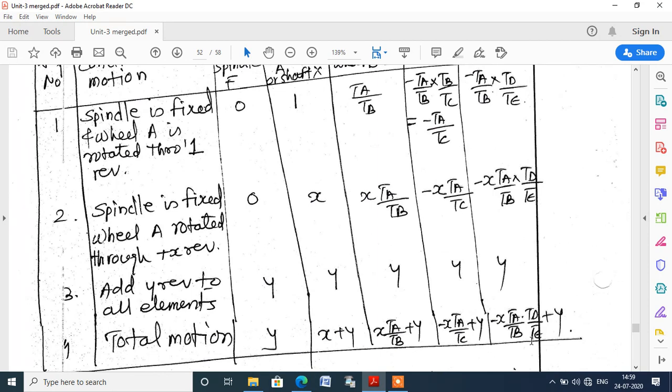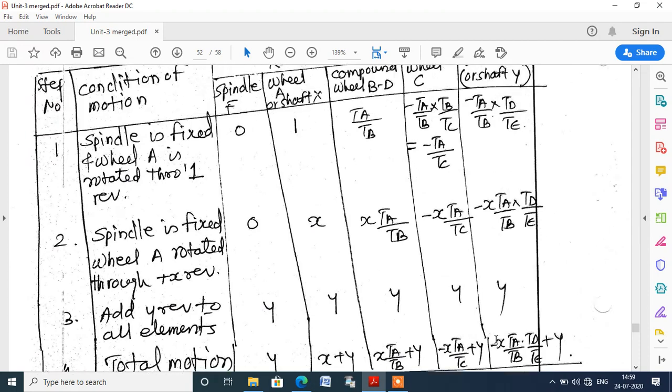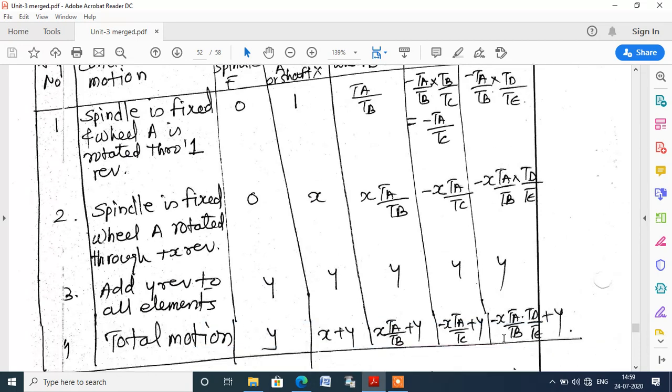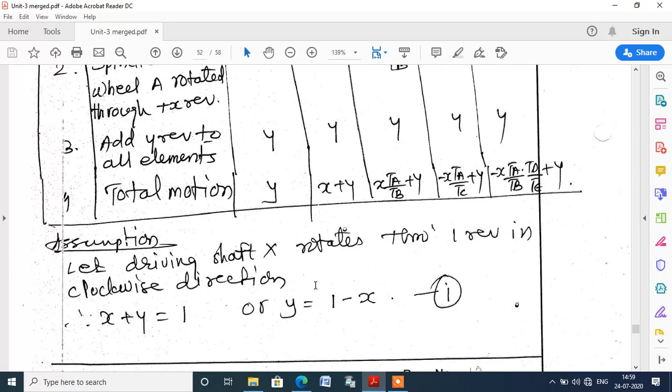So this is your final resolution of all elements. For spindle F, it will be x plus y, then y plus x ta by tb, then y minus x ta by tc, and for E it comes out y minus x ta by tb into td by tc. Here the driving shaft x rotates, let us say, through one revolution, and we assume the clockwise direction.